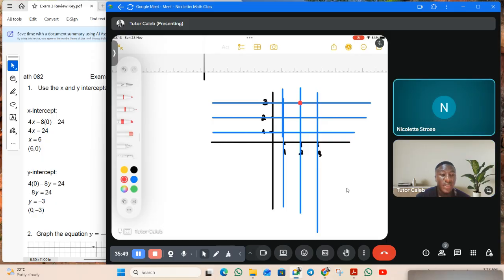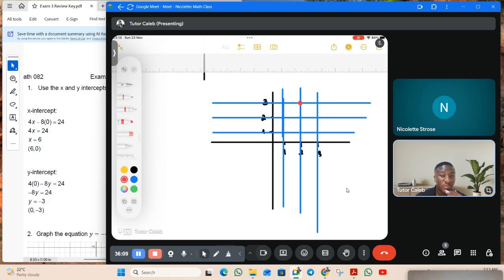Yeah. If I ask you the coordinate of that point, give me the x and the y coordinate, because I told you that a point has two coordinates, the x coordinate and the y coordinate.